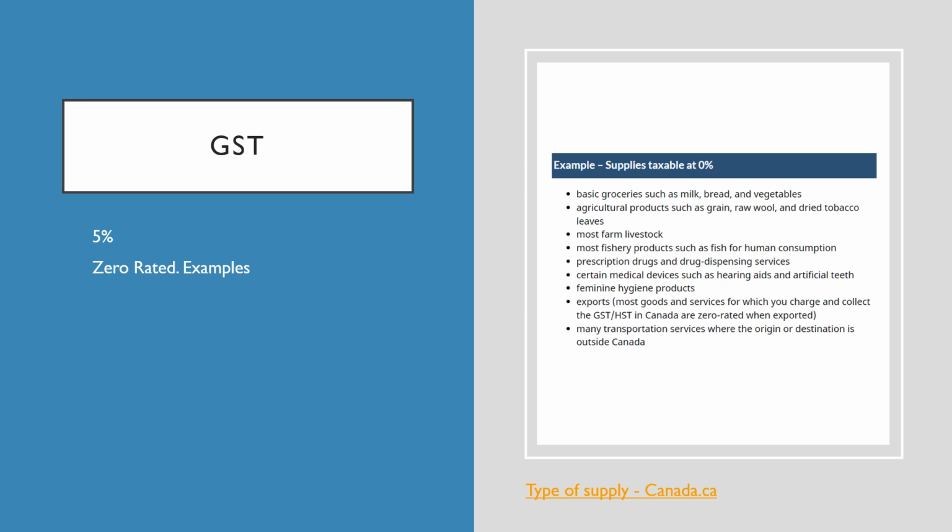Other than that, it will be 5% on each single item. If you want more information, you can click here on type of supply, and it will take you to the CRA, the Canada Revenue Agency, the Canadian government department that sets the rules and the collection of GST on imported goods.